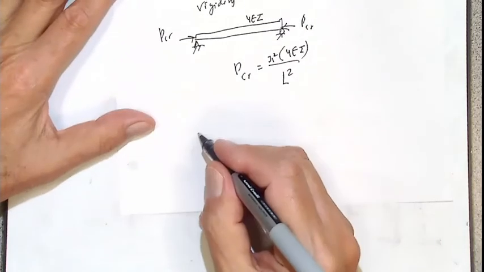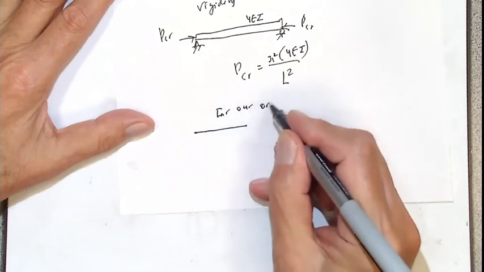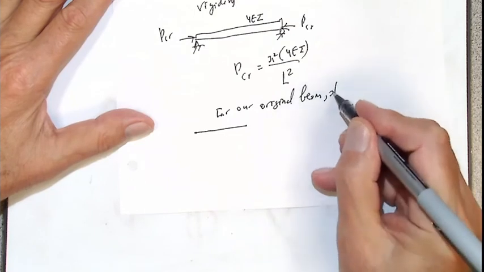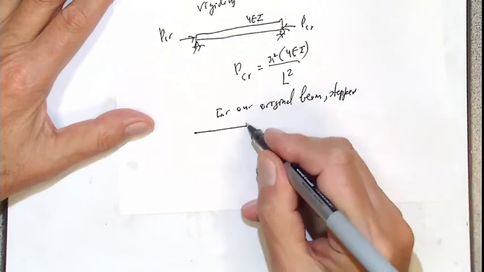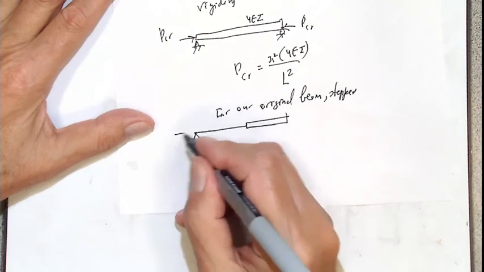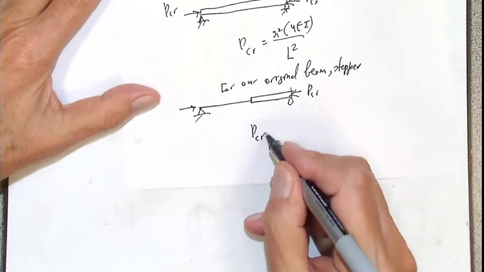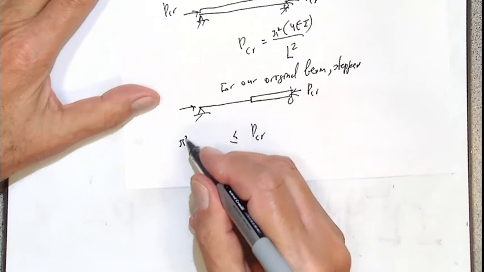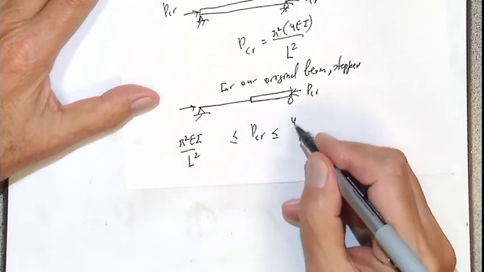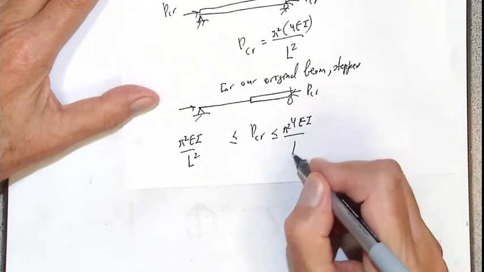That means that for this beam, our original beam, which is stepped, P critical must be between these two values, pi squared EI over L squared and 4 EI pi squared over L squared.